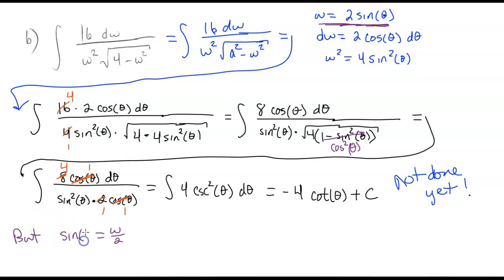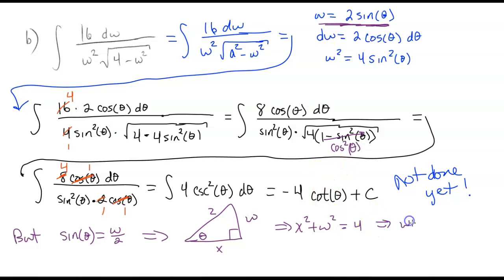And so we can do our whole right triangle thing again. So if we're looking at this, we call this angle theta. Then, of course, sine is going to be opposite side over hypotenuse. And I could figure out what this side x would be here. And that would tell me that x squared plus w squared is going to equal 2 squared, which is 4. And this would basically just tell me that x is the square root of 4 minus w squared here, okay?